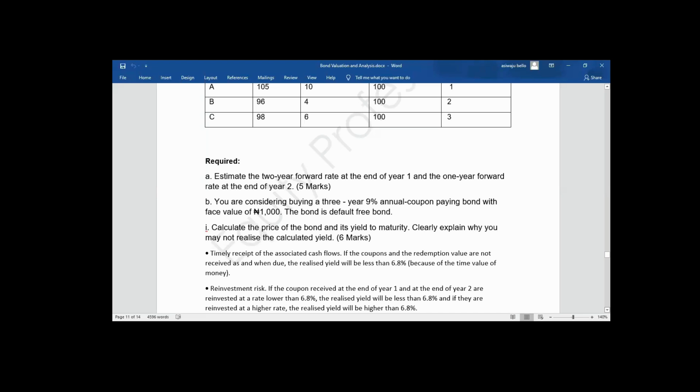Now, this bond is a default-free bond. If I derive the future cash flow, I'm going to discount this bond cash flow using the spot rates of a default-free bond.